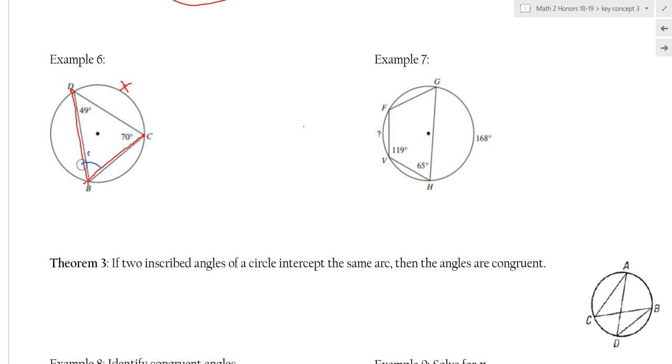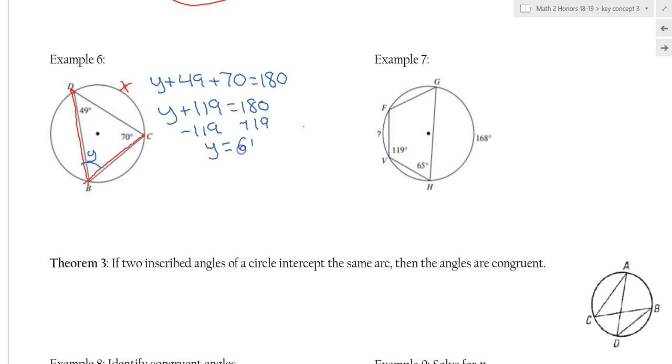So you might have to use other things that we've already learned. This is a triangle, and I know a triangle adds up to 180 degrees. So y plus 49 plus 70 equals 180. 119 plus y equals 180. Y equals 61 degrees.